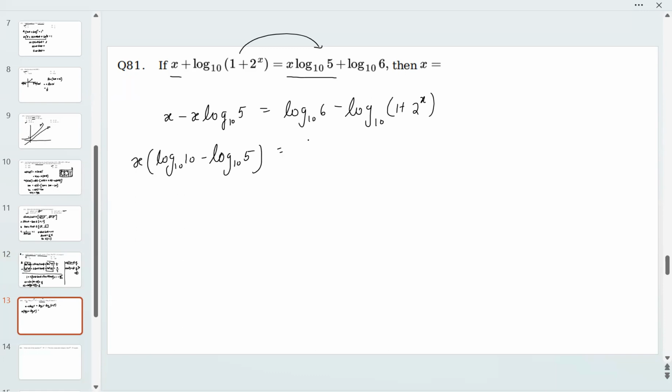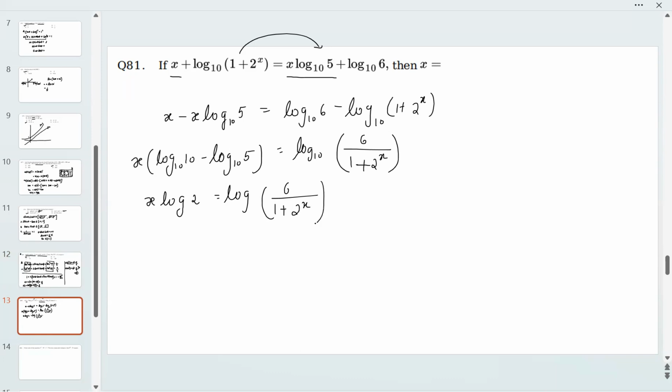Again, we can use the property of log. I will get log to the base 10 of 6 upon 1 plus 2 raised to the power x. Here, same property, log of 10 minus log of 5, the arguments will get divided. So we will get 10 upon 5, which is 2, equals log of 6 upon 1 plus 2 raised to the power x.